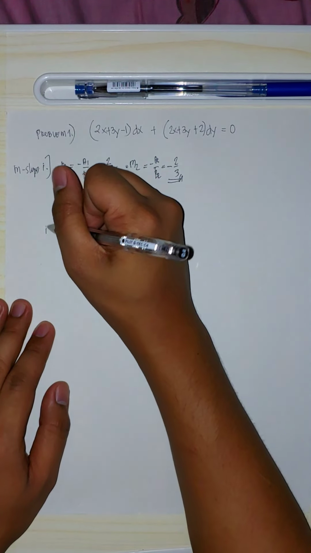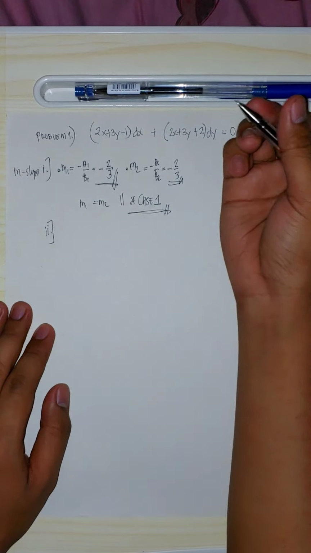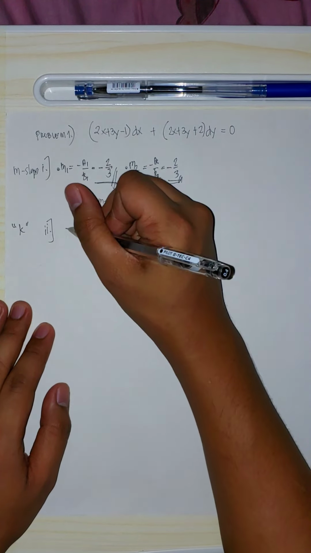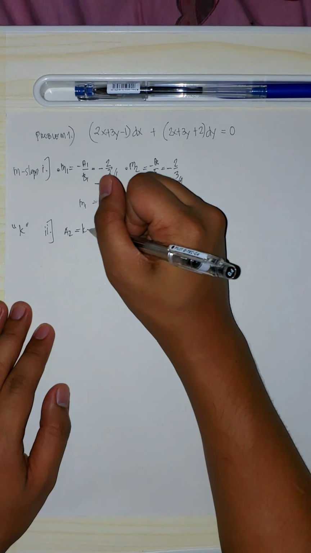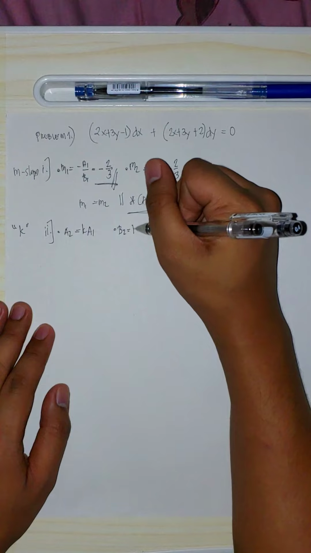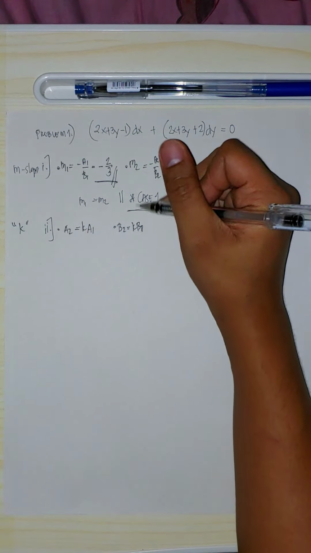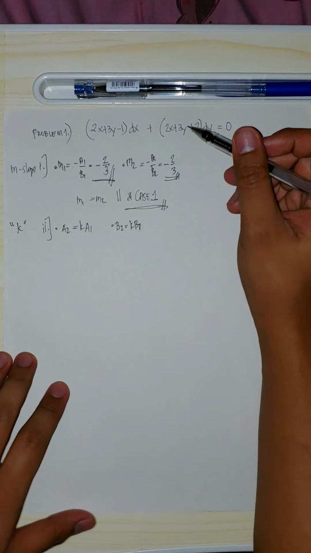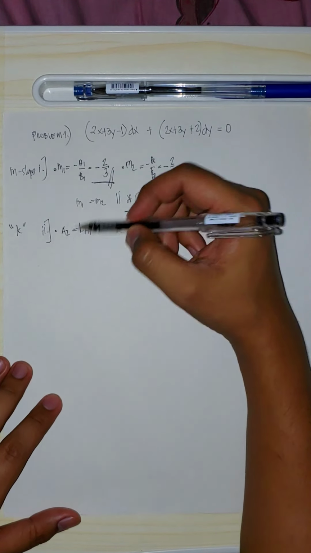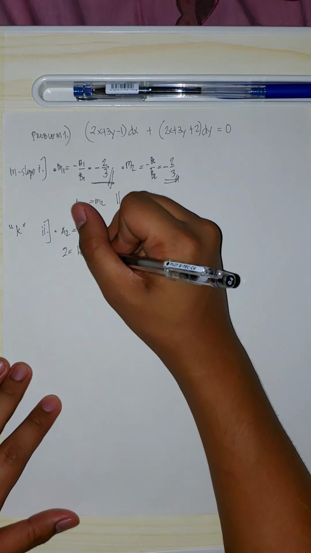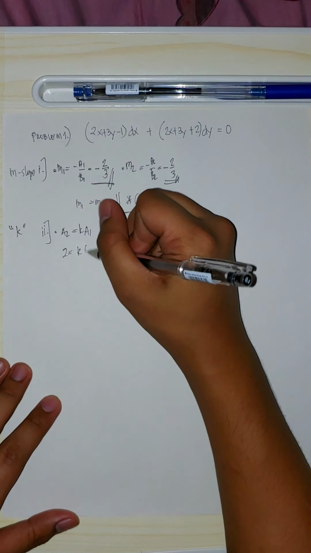Next, what do we do? The k, or proportionality constant. We have a2 equals ka1 or b2 is equal to kb1. No need to do it separately because they are just proportional. If I write it here, we have a2 is 2 equals k times 2 again.